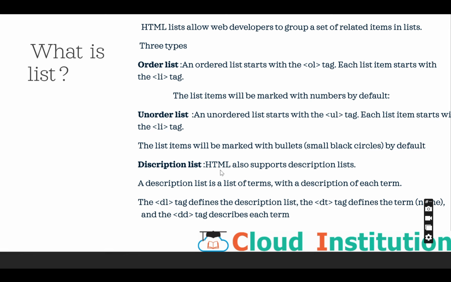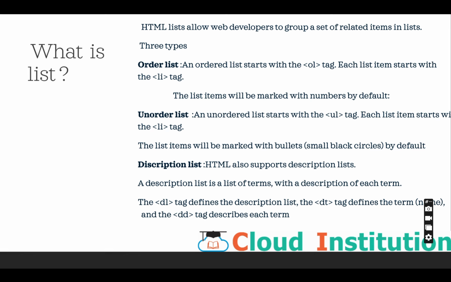Then the description list. Nowadays HTML supports the description list. For example, in the menu I have a thali, and in that thali you will have different items, like bhaji and rice. The bhaji will have another list, and the rice item will have another list.